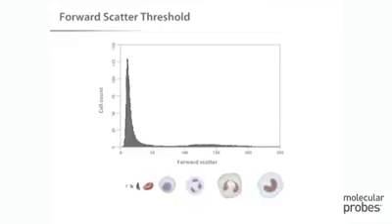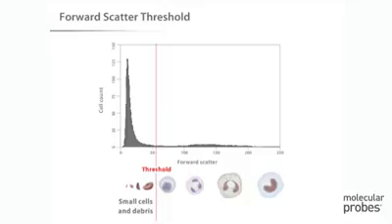One final important point regarding data collection is the use of a threshold. If every single particle passing through the laser caused the instrument to collect data, the data pool would be dominated by information coming from a very large number of minute particles, like platelets and debris. To prevent this, a threshold is set such that a certain forward scatter pulse size must be exceeded for the instrument to collect the data.